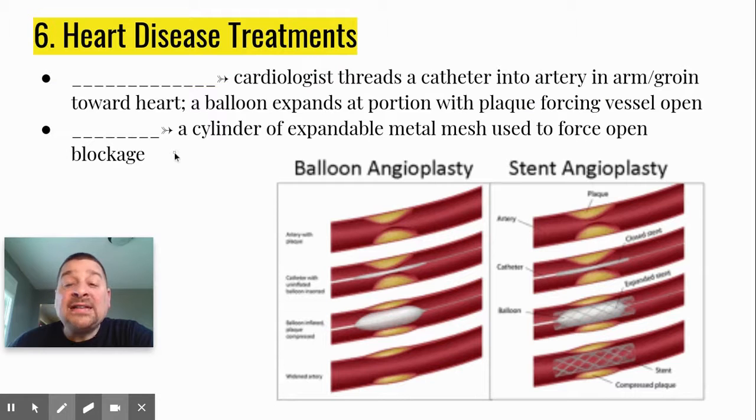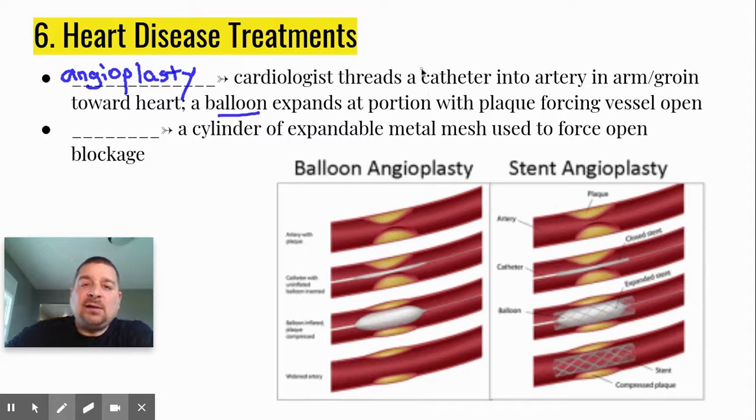If there are blockages, another thing you might hear about is what we call an angioplasty. An angioplasty is the balloon thing. I think you talk about this in health some, where they thread a catheter into the brachial artery or into the femoral artery in the groin, and thread it all the way up to the heart, into the coronary arteries, and find where you have a blockage.